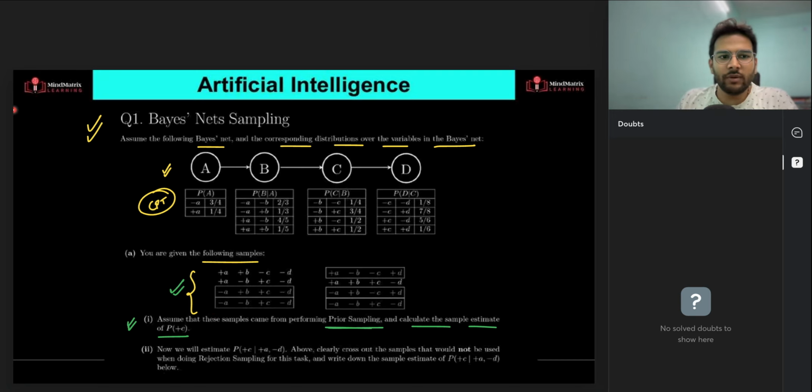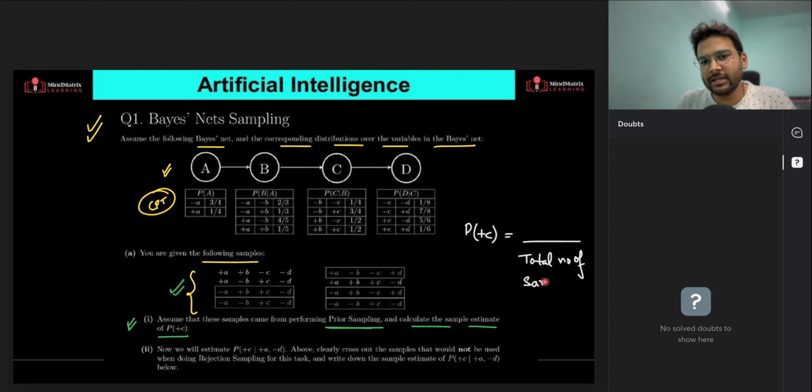So let's see it here, everyone. Carefully see this. Probability of plus C will be what? See, in the denominator, you will have the total number of samples. I told you whatever samples are given to you, you have to consider them. Right? So can I say total 8 samples are given to you? Yes, 4 plus 4, that is 8 samples given to you.